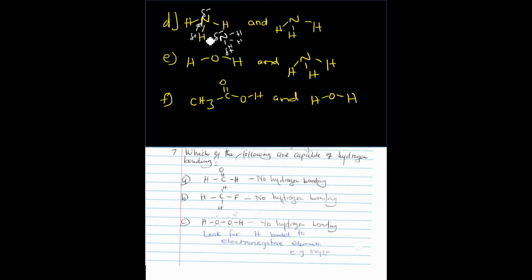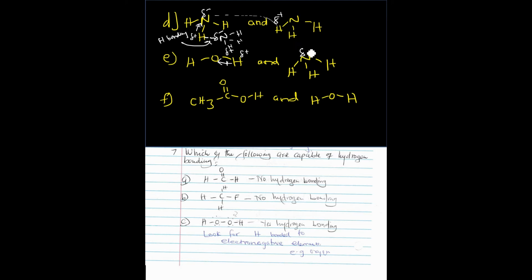So I would expect this hydrogen right here to hydrogen bond with the nitrogen of the second molecule. So yes, there is hydrogen bonding between two molecules of ammonia. Okay, so this nitrogen will bond with the hydrogen of the second molecule by hydrogen bonding. Here oxygen is electronegative, so hydrogen will be partially positive because of dipole moments.